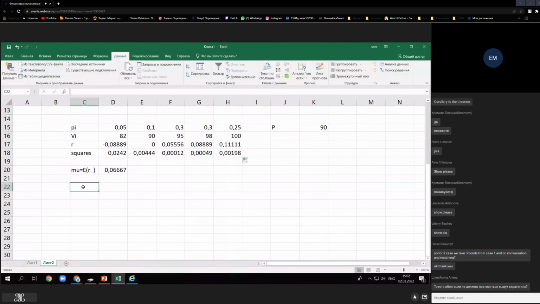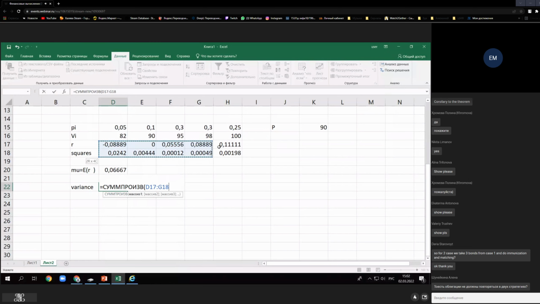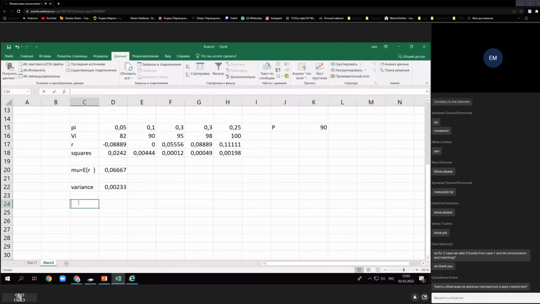So to find the variance, you should find the sum of the products of the squares of deviation, also from the previous year, to the probabilities. And to calculate the risk, you should take the square root of it.